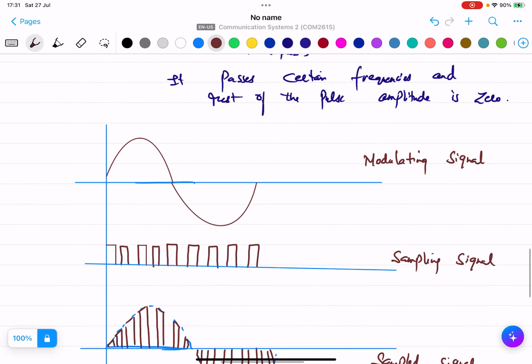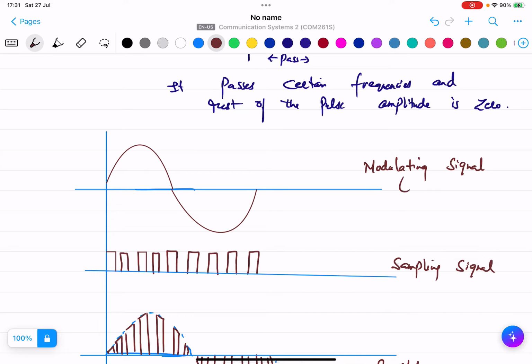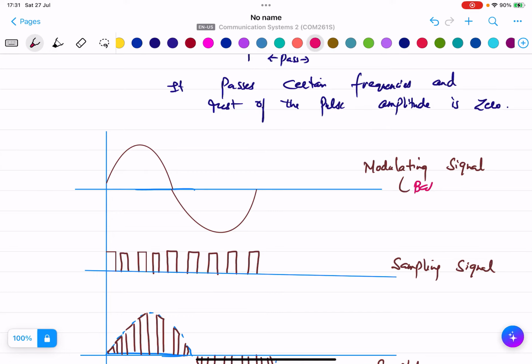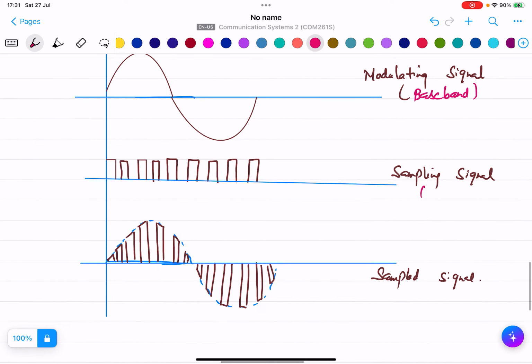Or I can write it is the baseband. Baseband or modulating is the same thing. This is your carrier and this is your modulated signal. Okay. So this is all about the PAM, how to generate it.